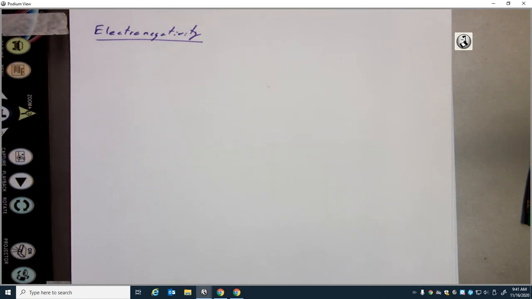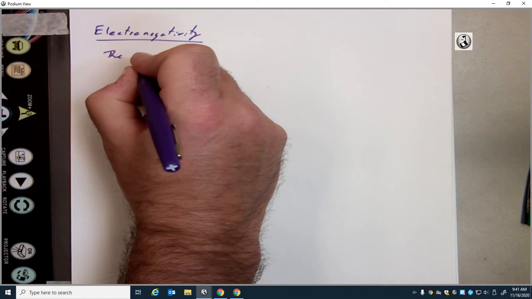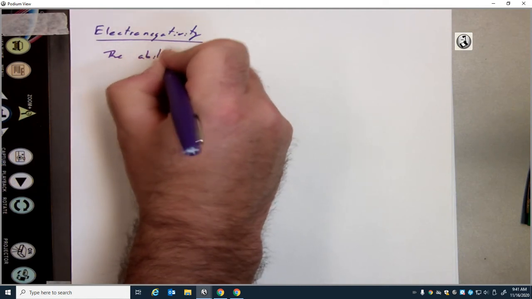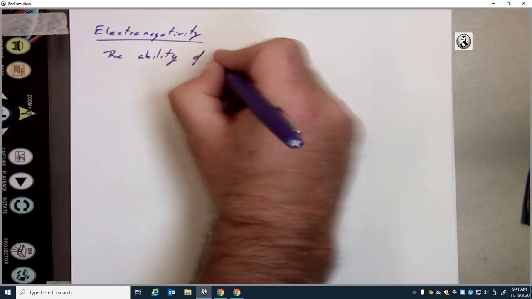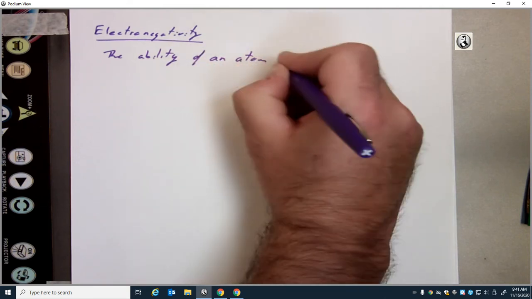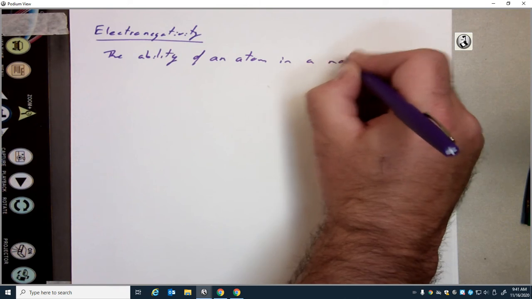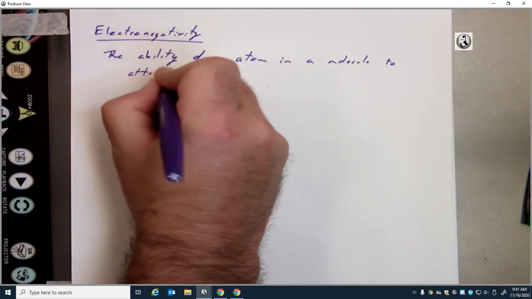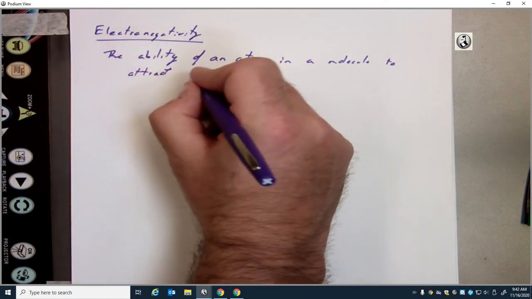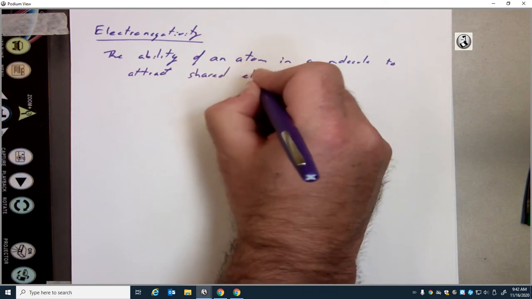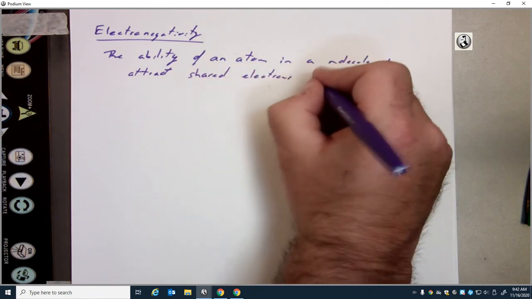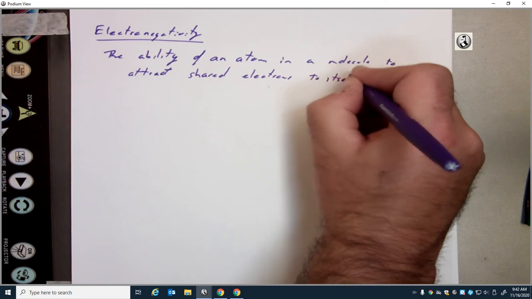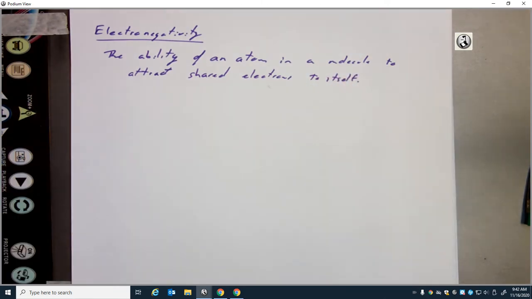The technical definition for electronegativity is the ability of an atom in a molecule to attract shared electrons to itself. The ability of an atom in a molecule to attract shared electrons to itself.